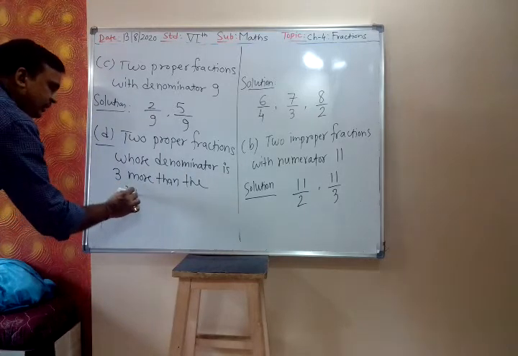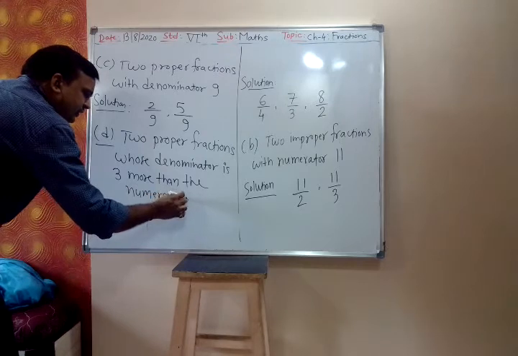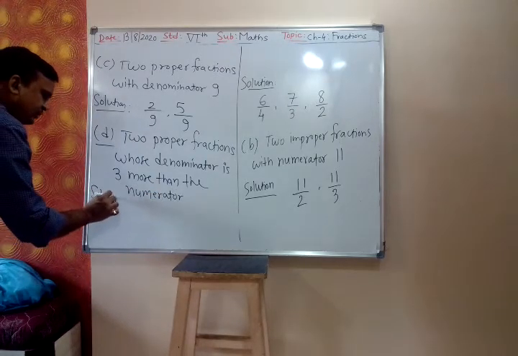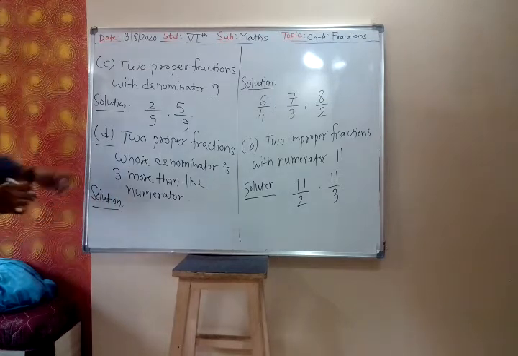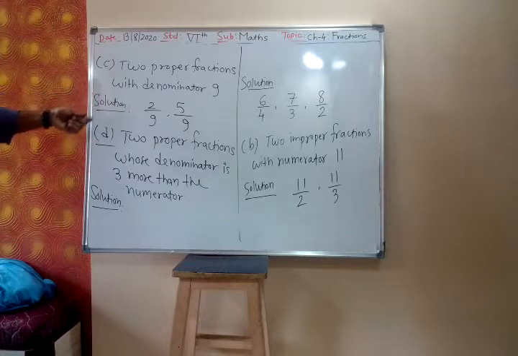Denominator is 3 more than numerator, and that must be a proper fraction. For a proper fraction, you want the denominator to be more.